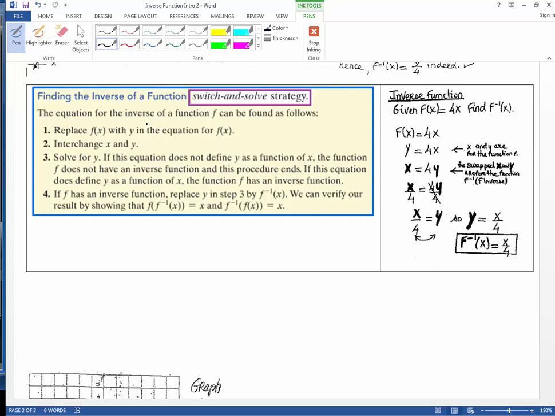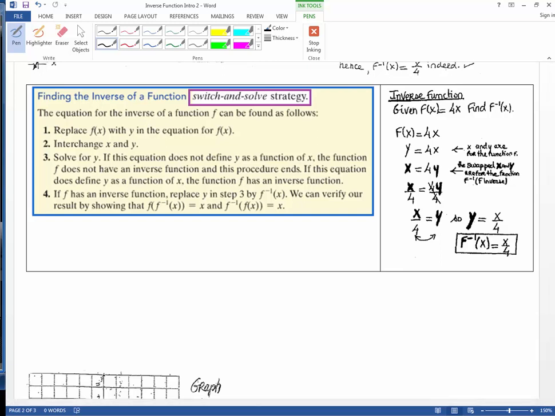If this equation does define y as a function of x, then the function f has an inverse function. And this inverse function deserves the notation f inverse, and we replace y by f inverse in step 3. And we can check by composing f and f inverse one way and the other way around, and we should get x for both of those compositions.